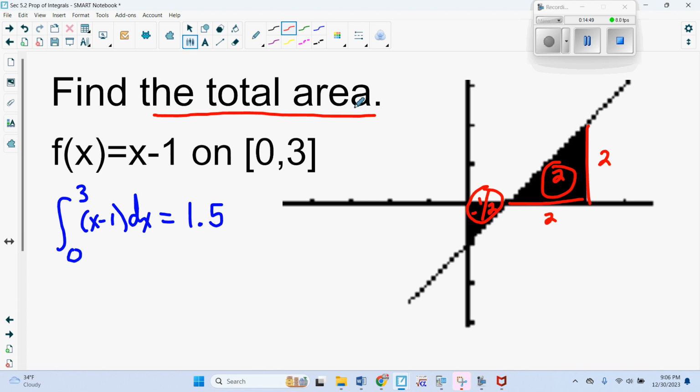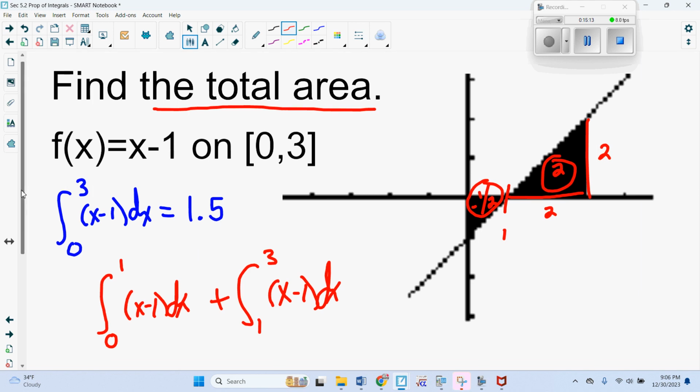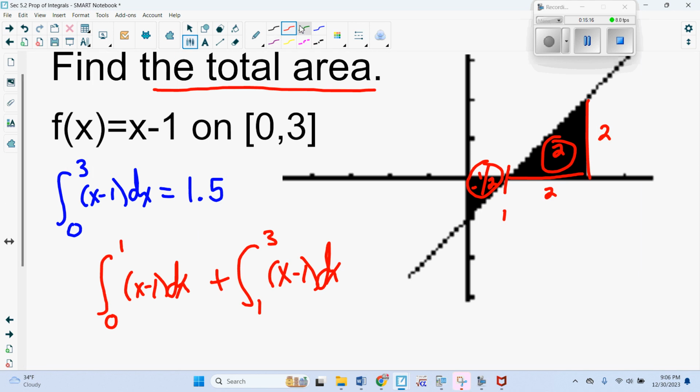Now, in this question, it actually asks for the total area. So it wants the total area. So to find the total area, what we have to do is we have to split this into 2 integrals. We're going to integrate, this is 1 here, from 0 to 1, x minus 1 dx, plus 1 to 3, x minus 1 dx. But the thing we know from just looking at the graph, this first part is actually a negative.